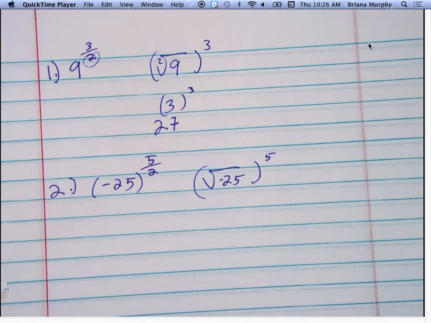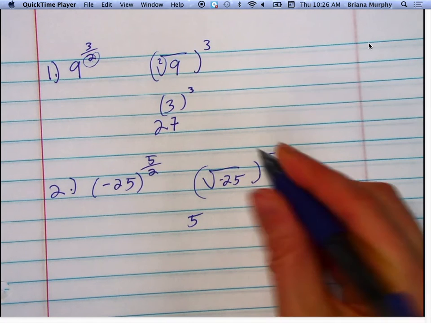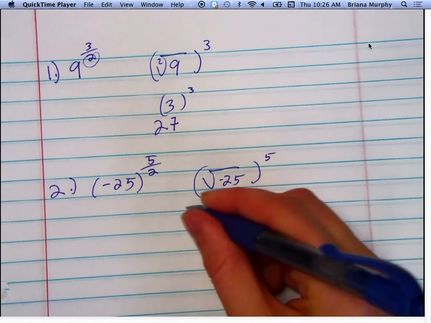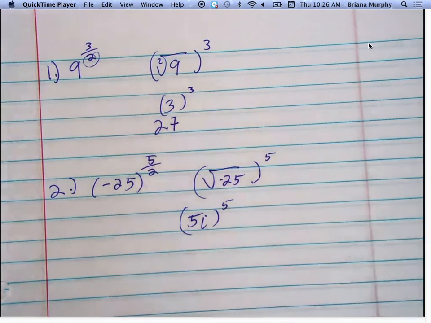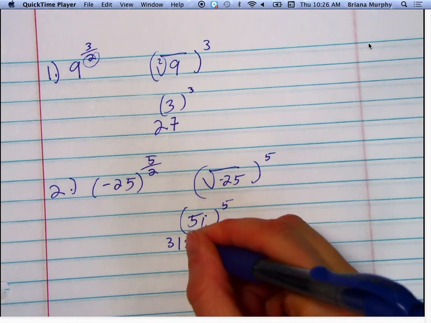You want to say that again, Gabby, but louder? Right, it's going to tell you impossible because you can't have a square root of a negative number. So what is this going to be? What's the square root of 25? And it's going to be 5 what? Okay, and what's 5 times 5 times 5 times 5 times 5? 3,125?